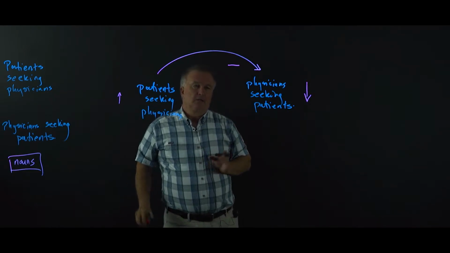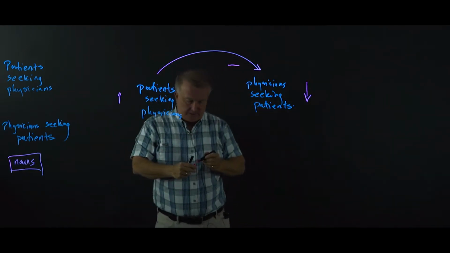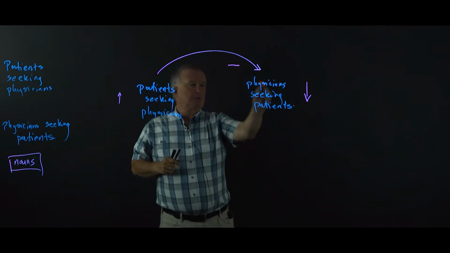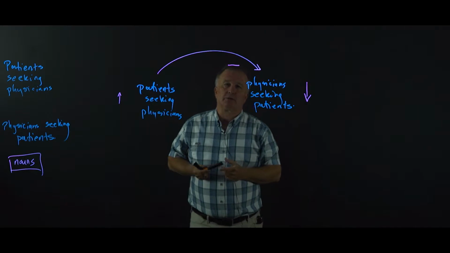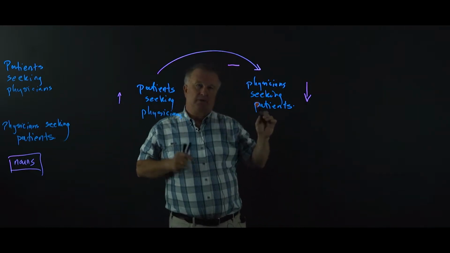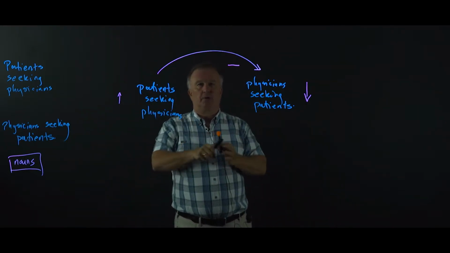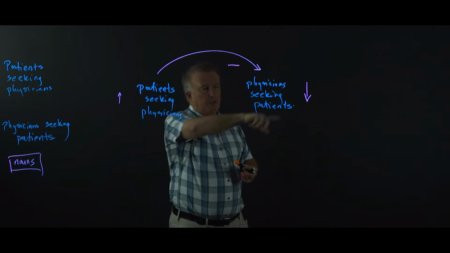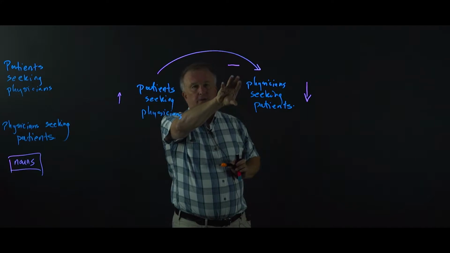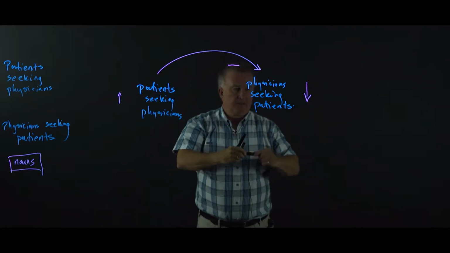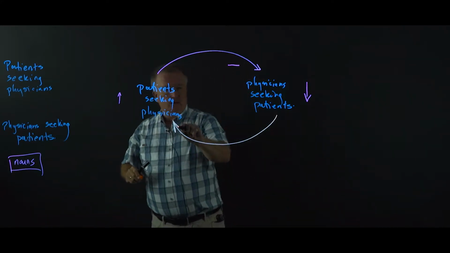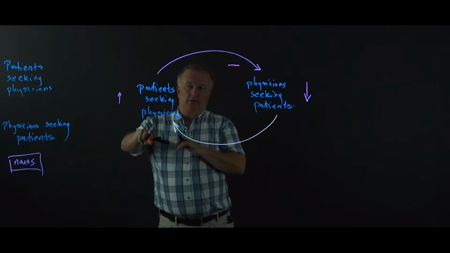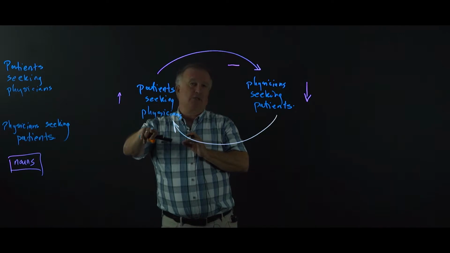Okay. And then we might set that aside for a minute, and we might say, okay, what if the number of physicians seeking patients goes up? Okay, so when we do this thought process, we set aside the other links, and we just focus on this point here. If the number of doctors seeking patients goes up, then what they're going to do is draw down on the pool of patients seeking doctors.